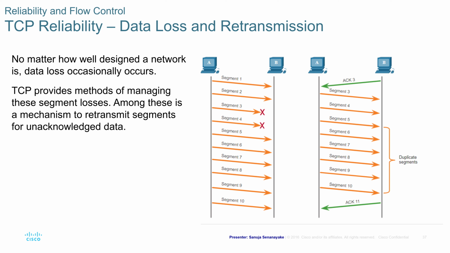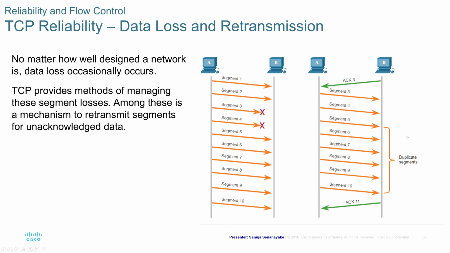TCP reliability, data loss and retransmission. No matter how well designed a network is, data loss sometimes does happen. TCP provides methods of managing these segment losses. Among these is a mechanism to retransmit segments for unacknowledged data.